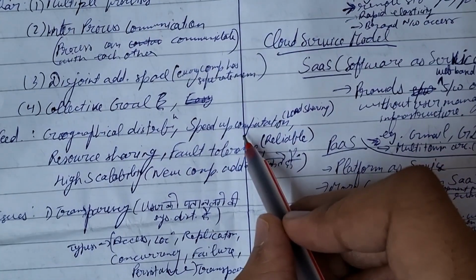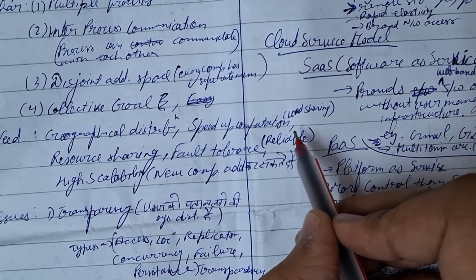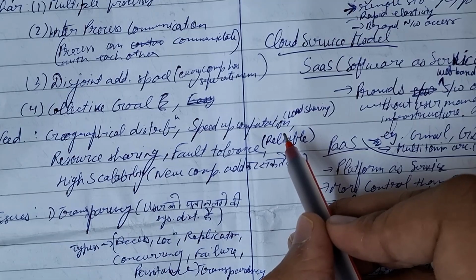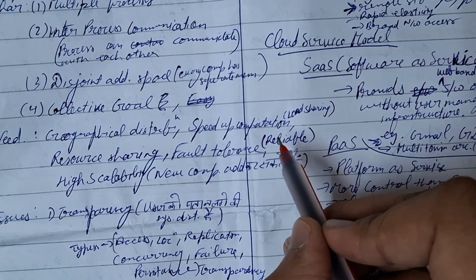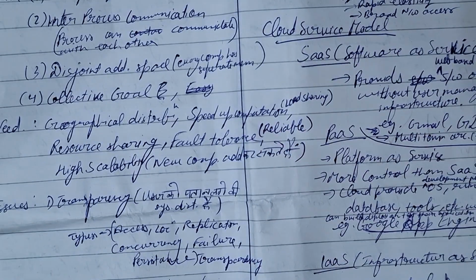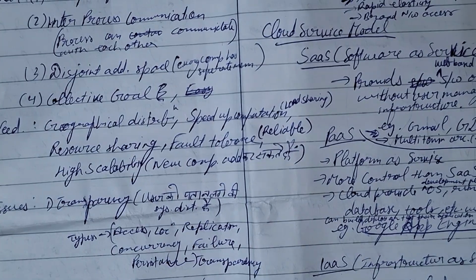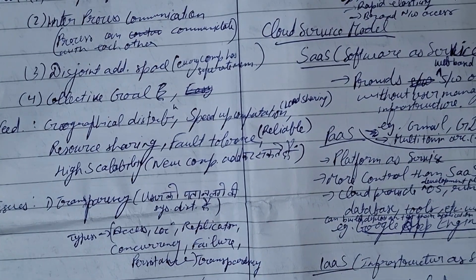Second one is speed of computation. Doing work on a single machine versus doing it on multiple machines is far easier, because multiple machines are contributing to the task. Next is resource sharing. As we are using multiple resources, they are also coordinating in order to achieve the task. Then fault tolerance.